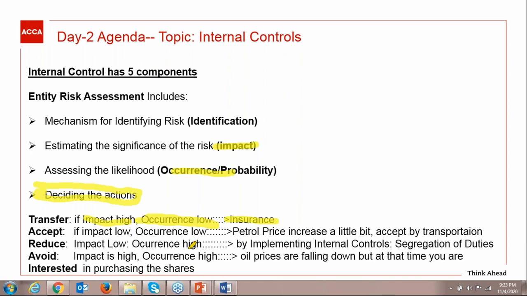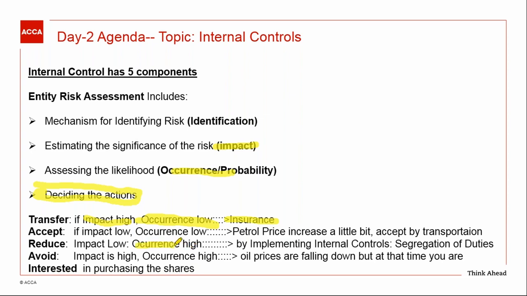But the frequency of making the fake purchases is high, meaning occurrence is high. It is done on a regular basis. It can be done after 5 to 10 days, but the impact is low because the fake amount will be very low. It is also mentioned in the forensic auditing concept.